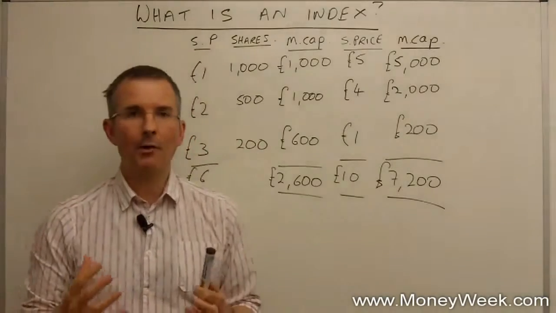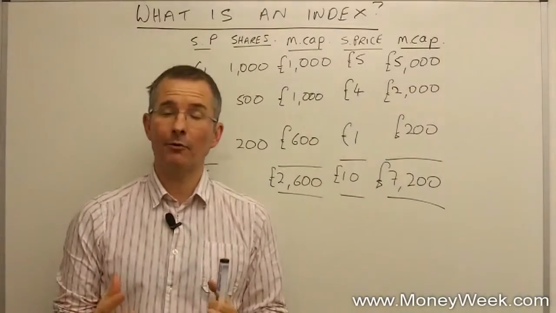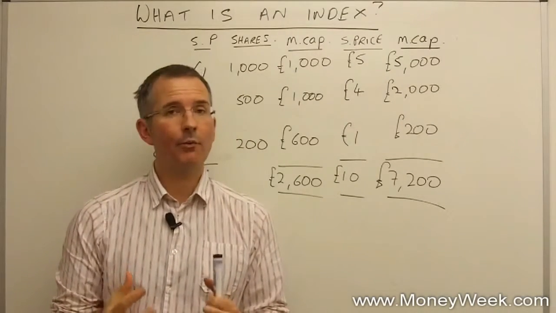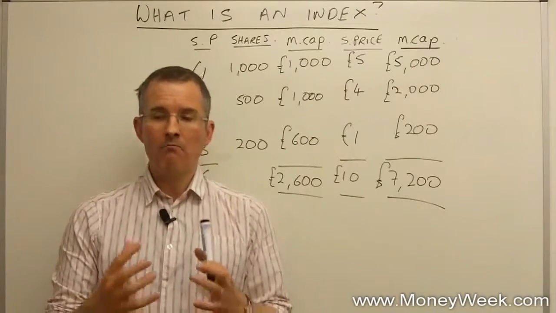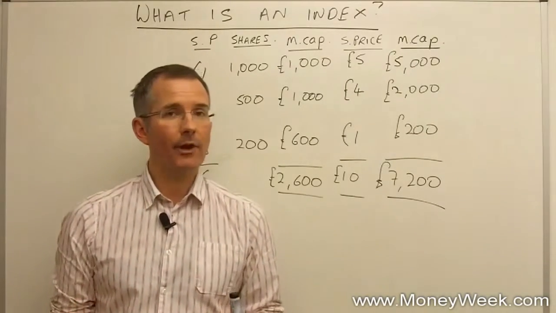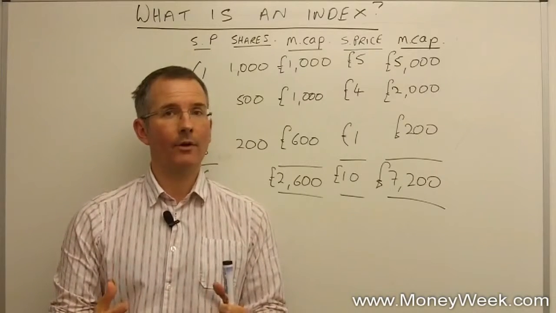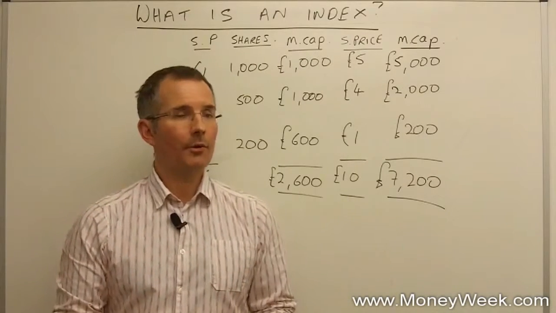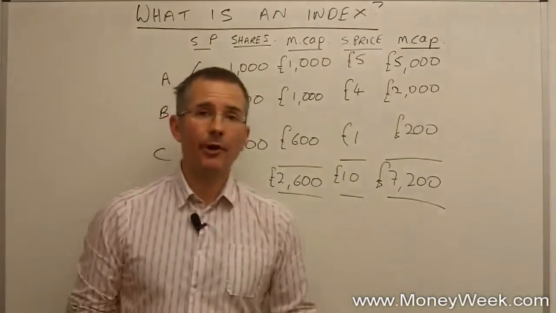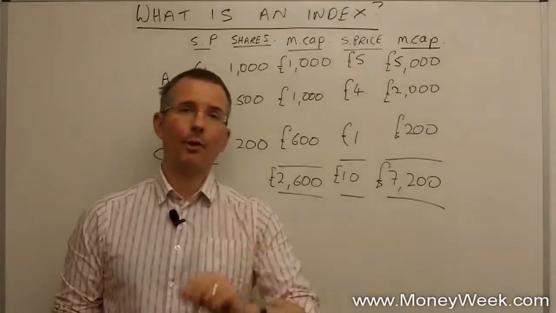Now that's a lot of numbers, and what's the point? Well, here's the question: how do I put an index together that shows the performance of these companies over time? There isn't one answer to that question. Most indices, like the UK indices, work off market capitalisation. They say you want to size-weight the indices. So what I would do is this. The FTSE 100 started back in the 1980s at 1,000 points.